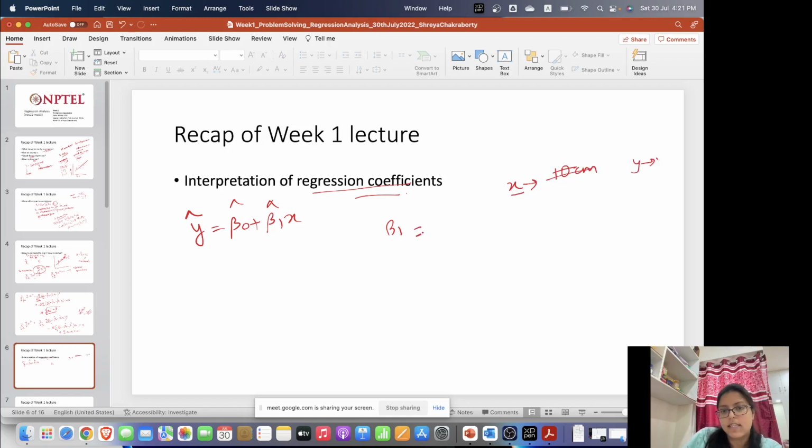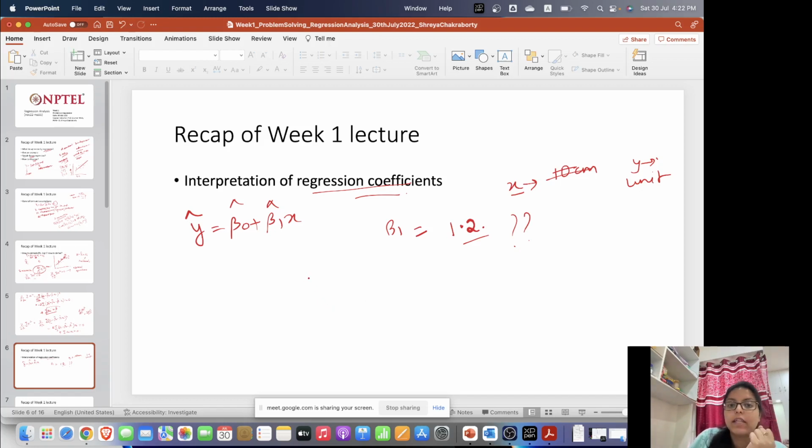And let's say beta 1 is 1.2 in some units. So what does this mean? It means slope of the line.